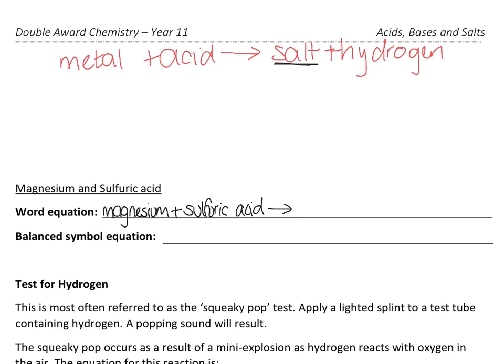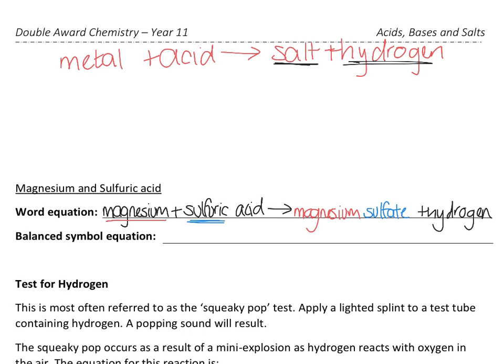First part of the name comes from the metal, and that remains unchanged, so it's magnesium. Second part of the name from the acid, and that does change. Sulfuric acid changes to sulfate. And then our other product is always hydrogen.